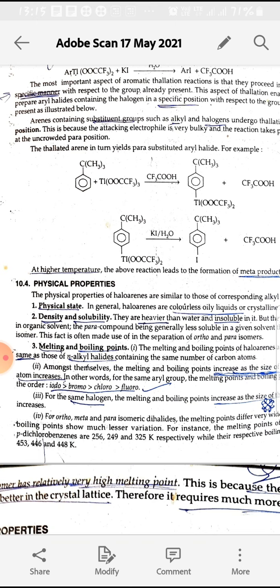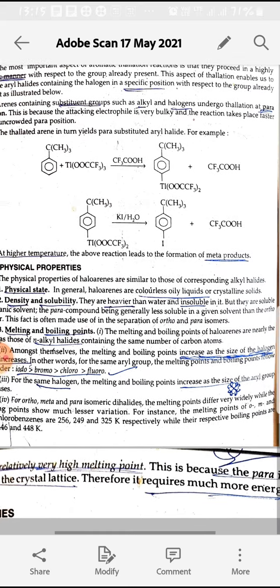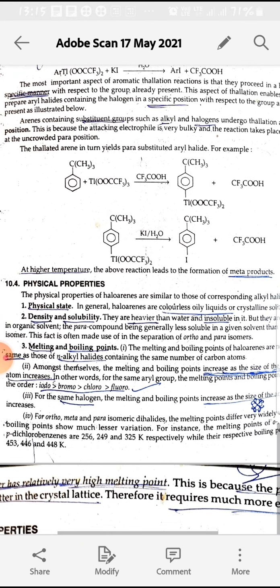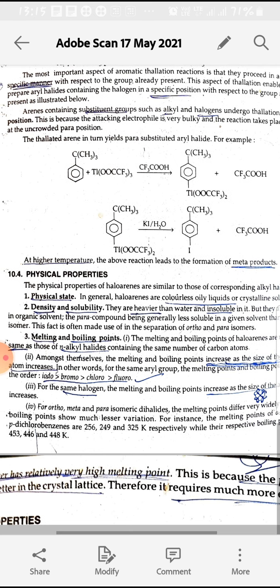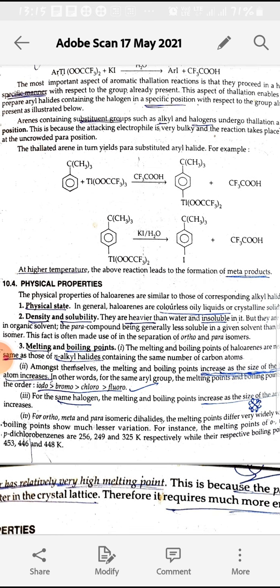Third property is melting and boiling points. Melting and boiling points of haloarenes are the same as alkyl halides containing the same number of carbon atoms. And if we compare according to the halogen, then iodo will have a higher melting and boiling point than bromo, then chloro, then fluoro, because as the size of the atom increases, there will be more van der Waals forces of interaction and more melting and boiling point.